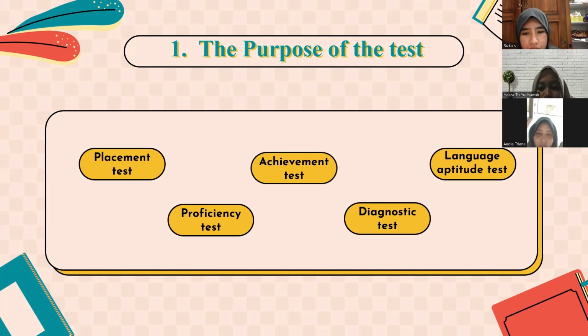And the fourth is diagnostic test. The purpose is to identify specific areas of strength and weakness in a learner's language skill. And the last one is language aptitude test. The purpose is to measure an individual's natural ability or aptitude for learning language.